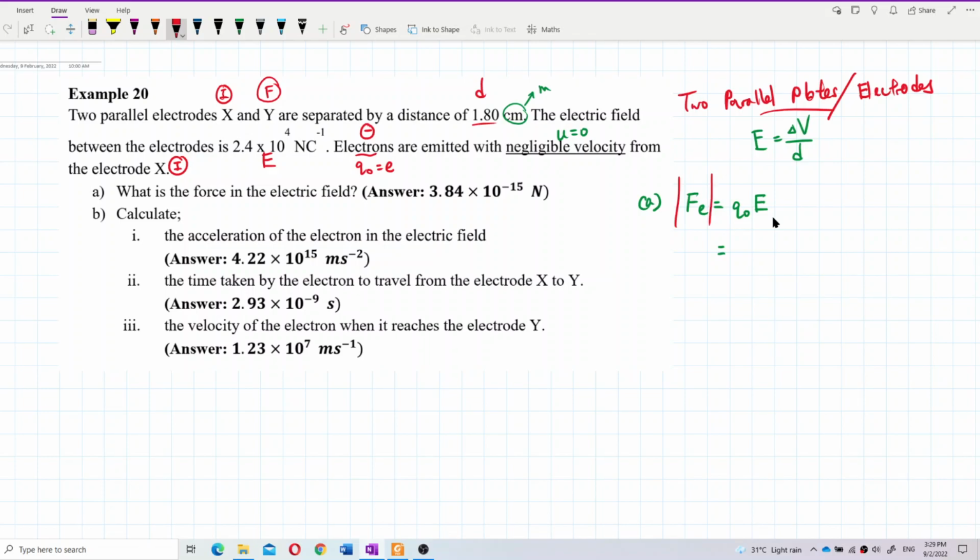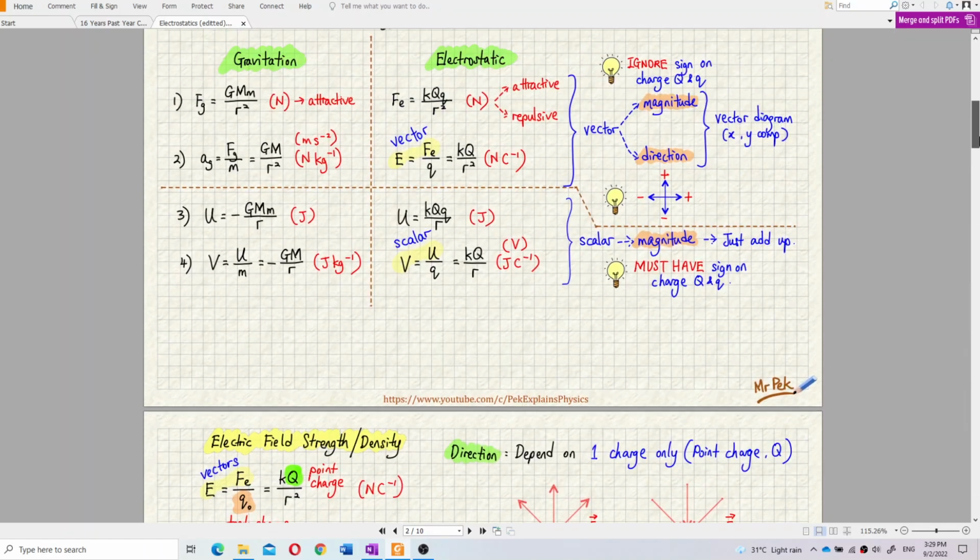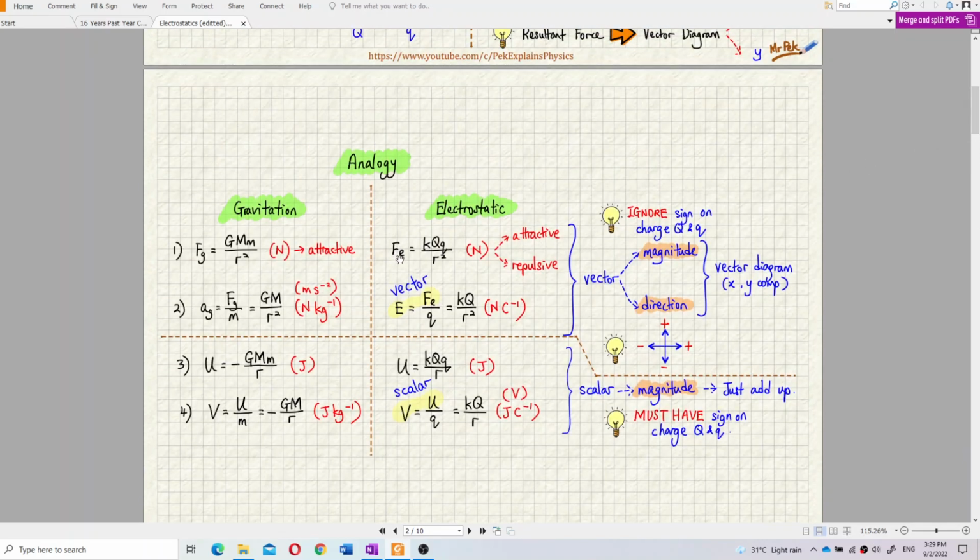Remember what I talked about last time: force is a vector quantity. When you want to find the magnitude of the force or electric field, you ignore the sign on the charge.